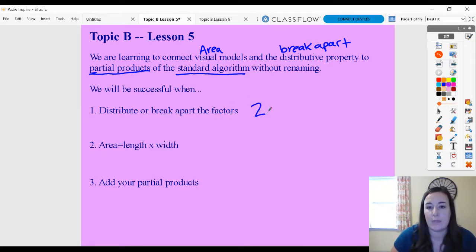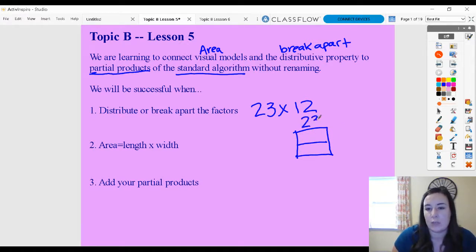So if we get a problem like 23 times 12, we're going to have to pick one of these two factors to break apart. And then we are going to label it as part of our area model. I did that one wrong. Sorry about that.